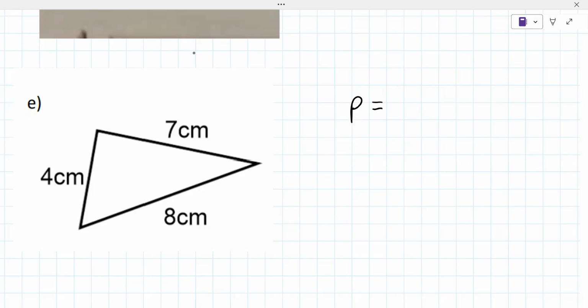So the perimeter is 19 centimeters. That's it. There's nothing else you can do on that one. Some of them you can't get the areas on, because they don't have everything available.